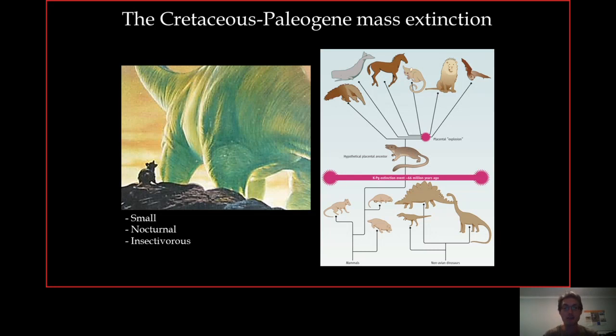Because the dinosaurs left the empty space behind them, there were no longer big herbivores or large carnivores. The flying reptiles, the pterosaurs, also became extinct, and the marine reptiles also became extinct, hence leaving space for whales to evolve. So all these big reptiles that dominated the Mesozoic became extinct suddenly 66 million years ago.